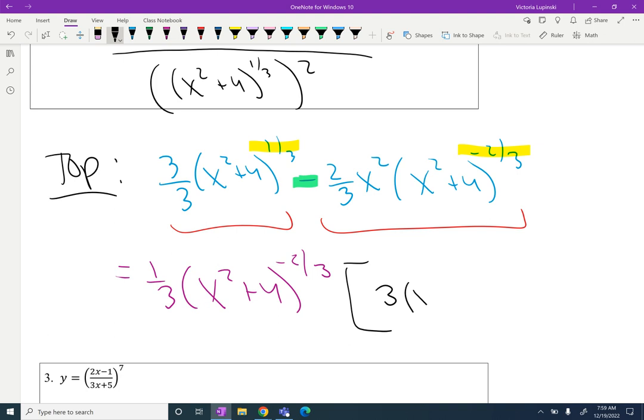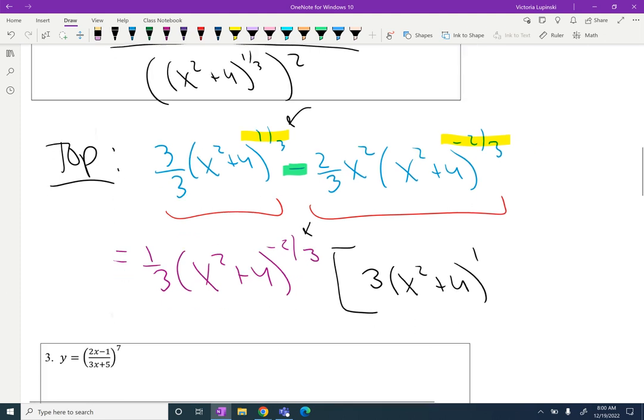Then how many x squared plus 4s are you left with? You do the original exponent minus what you took out. So that's 1/3 minus negative 2/3. Minus a minus becomes a plus. What's 1/3 plus 2/3? Again, not just the number one, but one copy. And yes, that happens most of the time, but you don't want to cheat. You want to be sure.